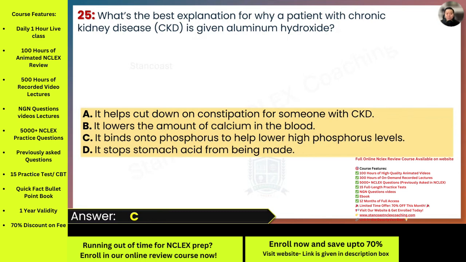The primary action of the medication is to bind to phosphorus. Letter D is incorrect because the aluminum hydroxide is an antacid, and its role in chronic kidney disease is not to manage stomach acid production, but to help lower the phosphorus levels. And so the key words in this option: stops stomach acid from being made, which is an incorrect mechanism, especially that we are talking about chronic kidney disease management.